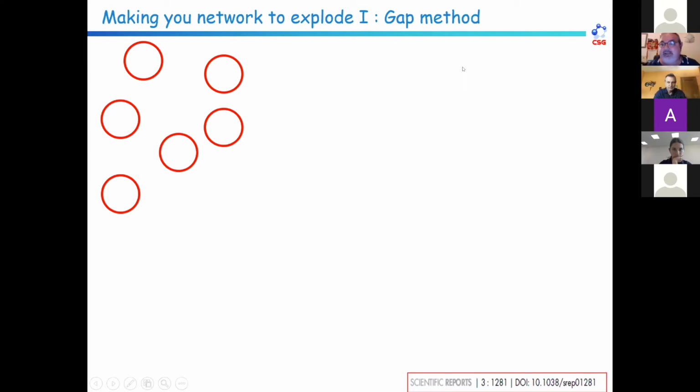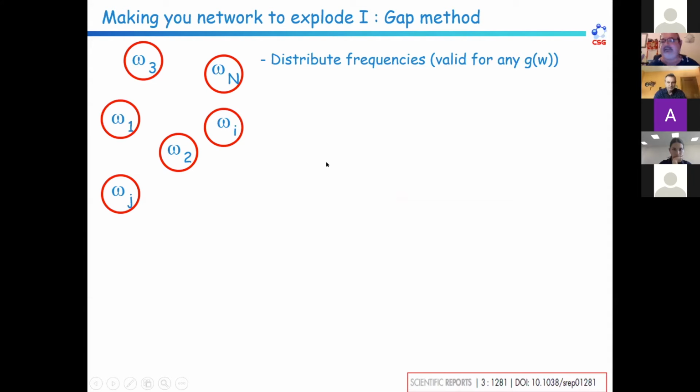So in order to do this, you take your ensemble, these are your oscillators, and you fix the frequencies, because you distribute the frequencies according to the frequency distribution g(omega) that you have been given. You cannot touch the frequencies. And now we want to show that once you do this, you can construct at least one network which makes the system synchronize explosively.